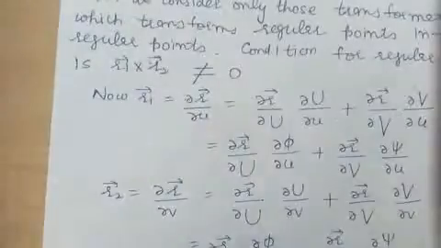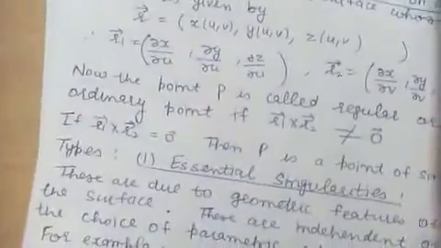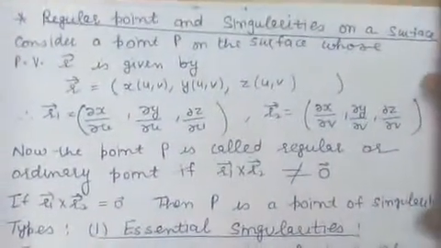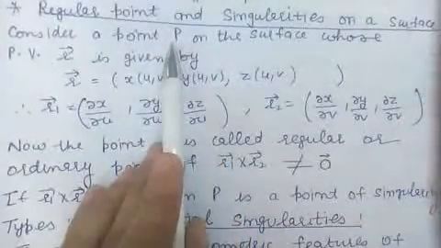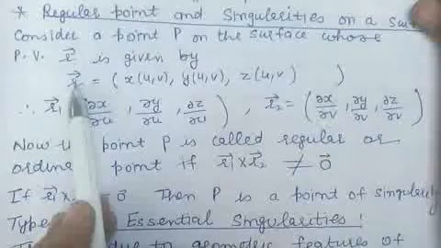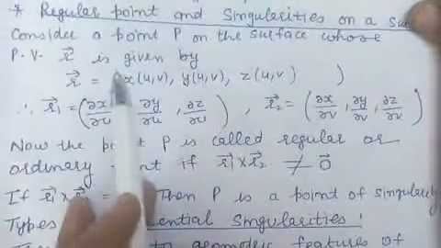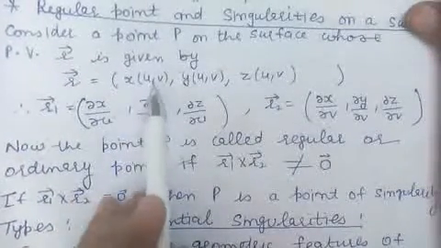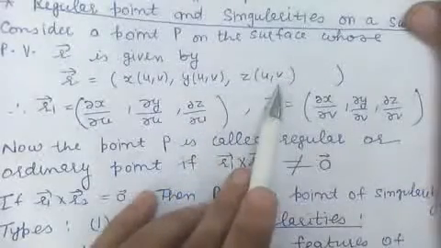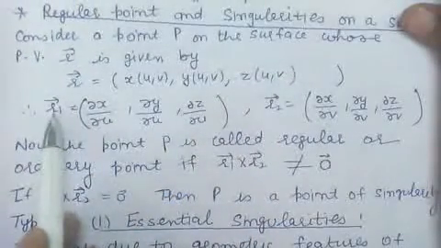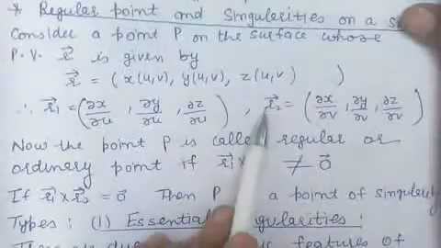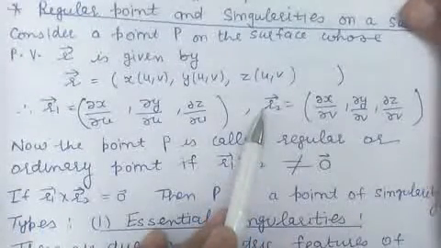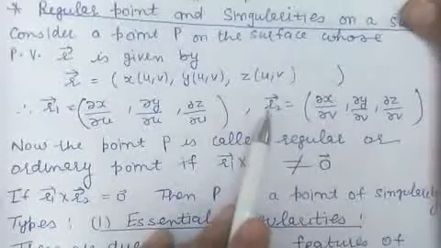Now the next is, what is a regular point and what are the singularities on a surface? Let us take a surface and a point P on the surface having the position vector given by the components x as a function of u,v, y as a function of u,v, z as a function of u,v. Let us denote r1 by the partial derivative of vector r with respect to parameter u, and vector r2 as the partial derivative of vector r with respect to parameter v.